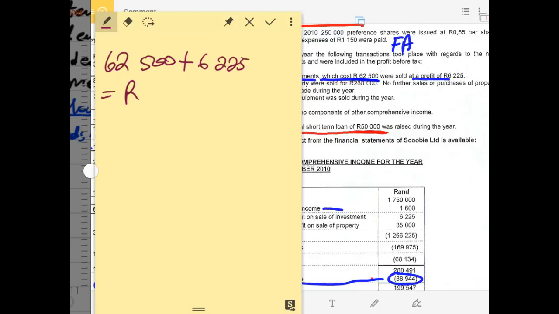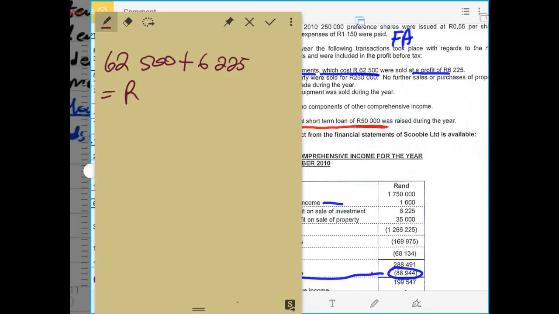Because if you make a profit on the sale of an asset, it means you sold the asset at a price higher than the cost of that asset by the profit, meaning it was above the cost price by 6,225.